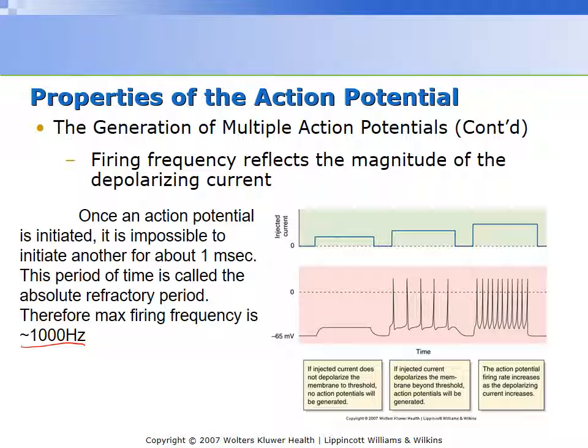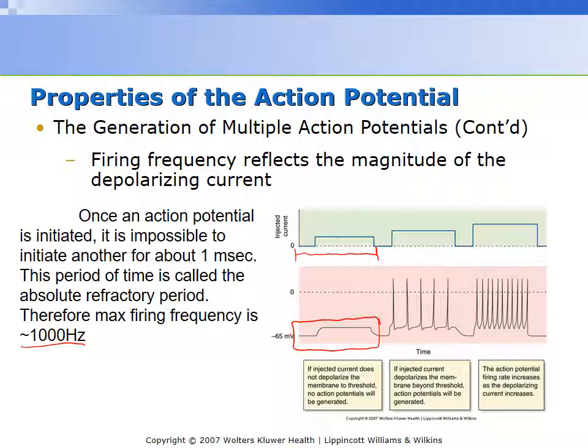So now, here is a clever little experiment that was done, varying the magnitude of injected current. In this first portion, we have a certain amount of depolarization of the membrane in a neuron, and obviously we do see some response. Well, we're injecting a current there, obviously, but nothing beyond that.